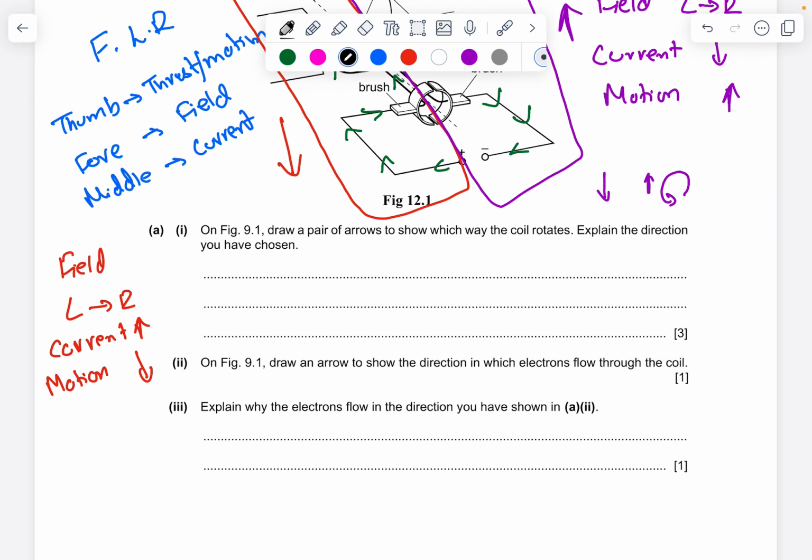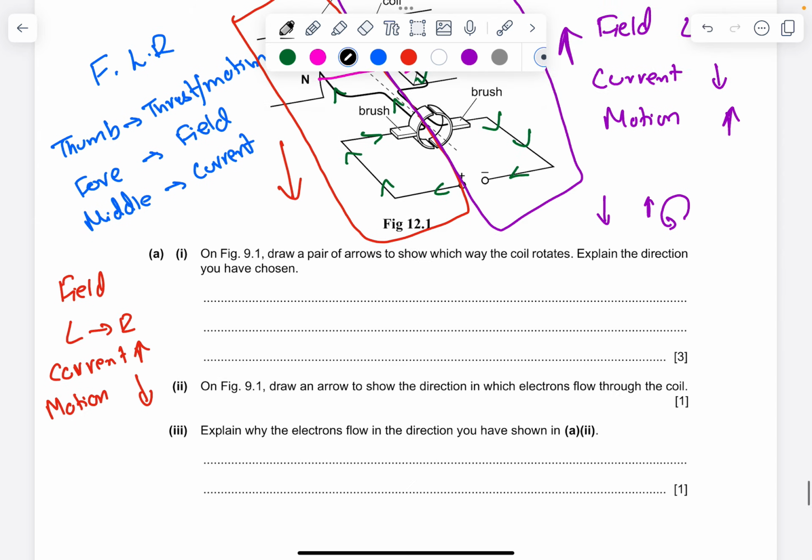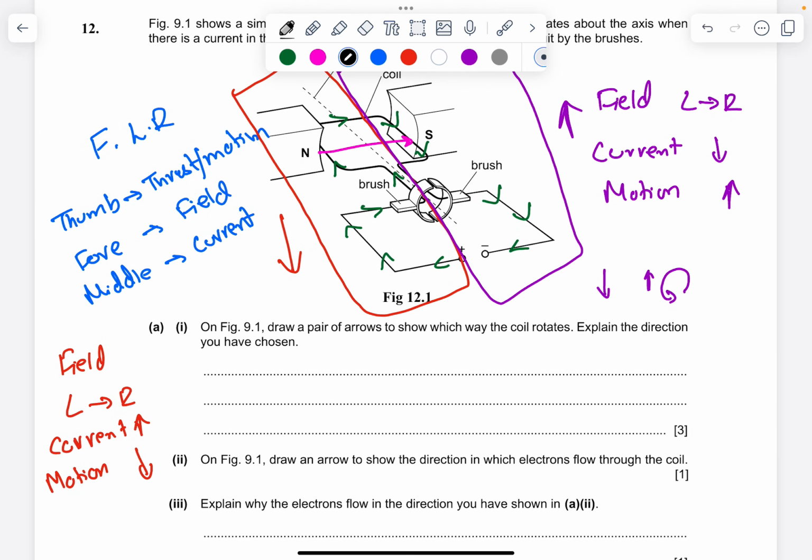What am I going to write? On the figure, draw the pair of arrows to show which way the coil rotates. So don't forget to draw the pair of arrows over here in this way. Current travels from positive to negative of the circuit.